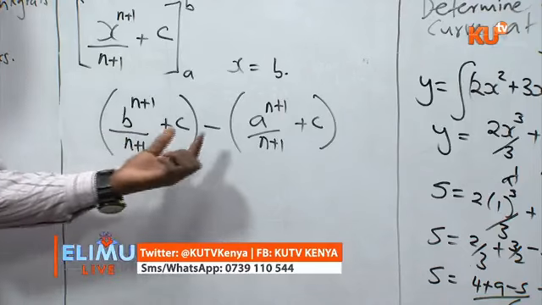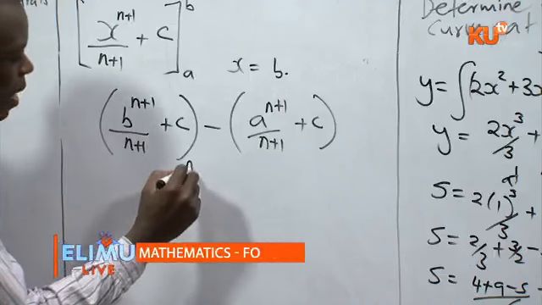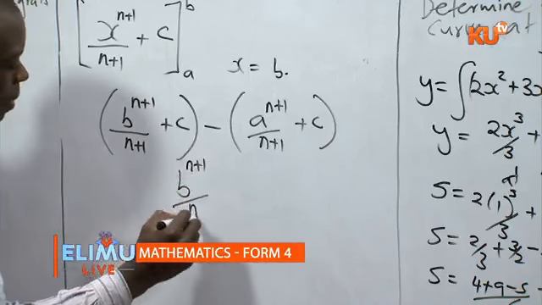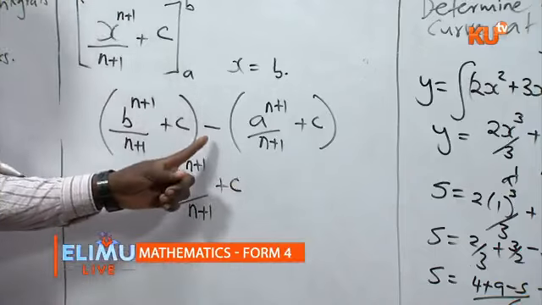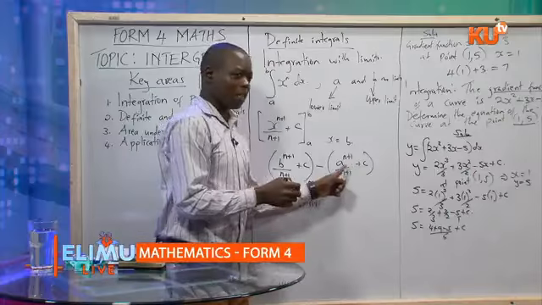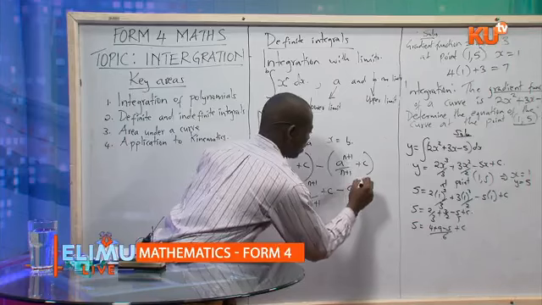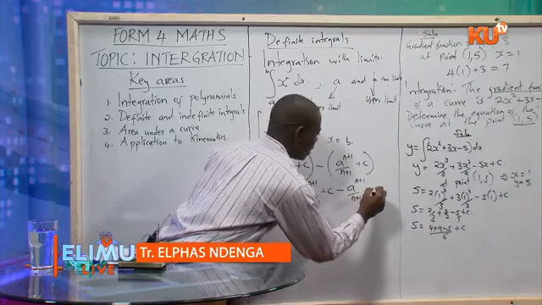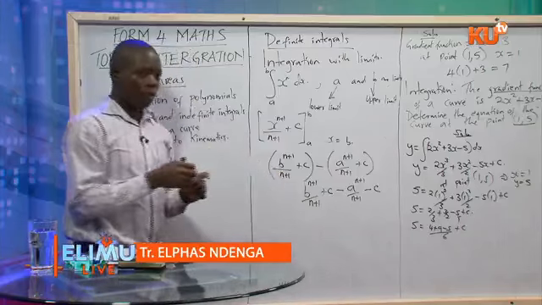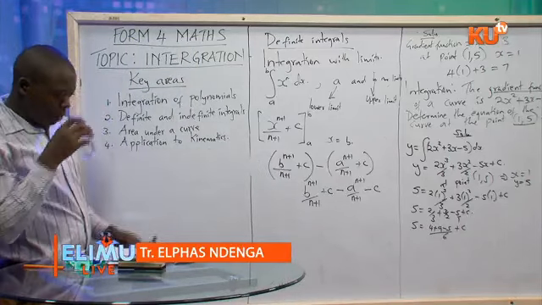Now what we do is we expand this, so we shall have b to the power n plus 1 over n plus 1 plus c. Then when we substitute the negative into this bracket, we'll have negative a to the power n plus 1 over n plus 1, then minus c. Minus the value for c.